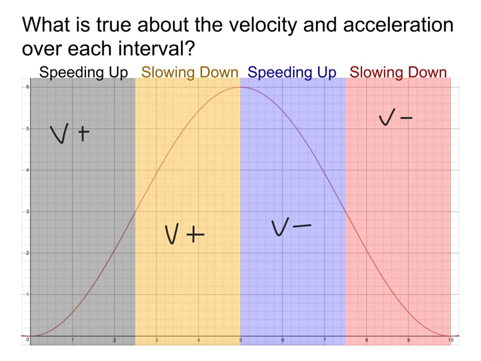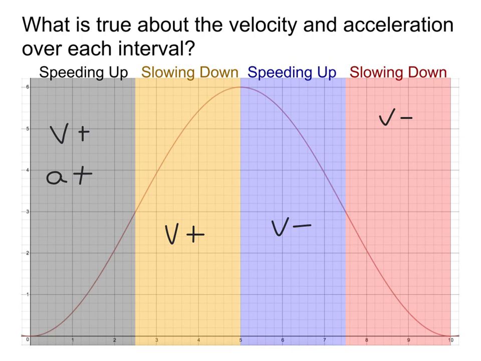In this first section, my velocity is getting bigger. And so because my velocity is getting bigger, my acceleration is positive. Okay, the next section over. In this section, my acceleration is how my velocity is changing. So my velocity goes, for instance, from there to there.